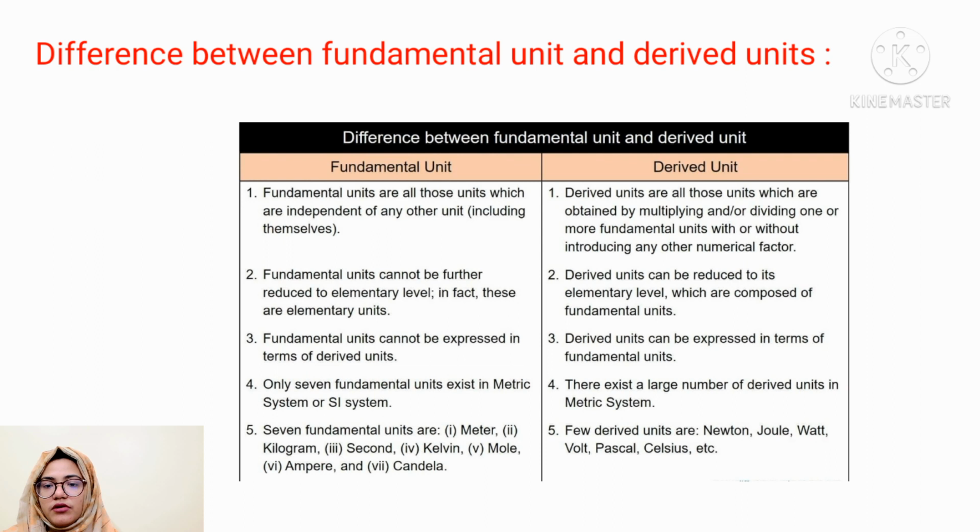Then for number 5, the 7 fundamental units are meter, kilogram, second, Kelvin, mole, ampere and candela. On the other hand, examples of derived units are Newton, joule, watt, volt, Pascal, Celsius, etc.